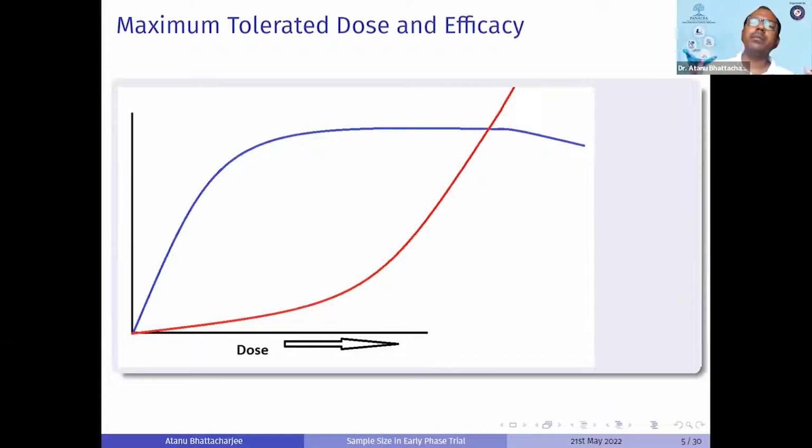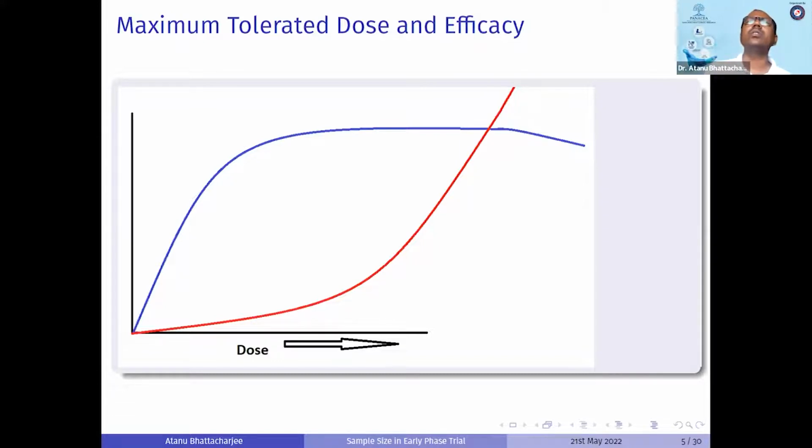Now how do the general principles work? Even in conventional trials we have seen this. If you see, my x-axis is stating the doses, and as you keep on increasing the doses, there are the blue line and the red line. The red line shows that as you keep increasing the doses, the tolerable limit is going to be reached. Simultaneously, the blue line is nothing but the efficacy.